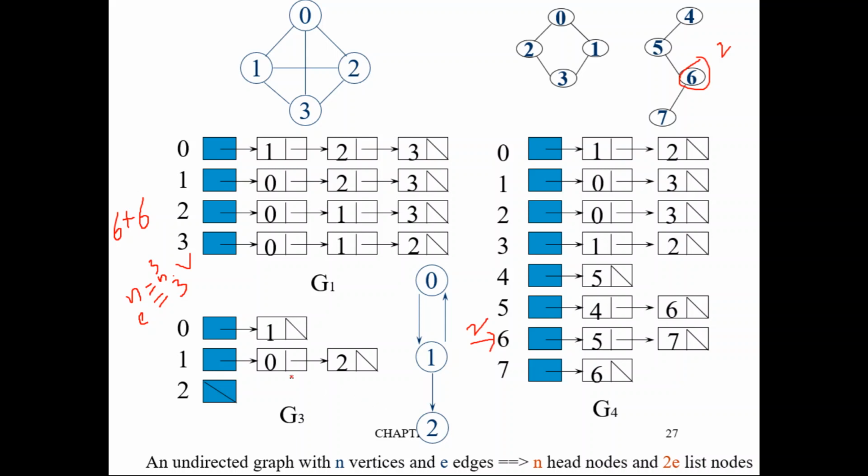How is that 6 comparisons? First you have to compare for every vertex. For all n vertices you have to compare, and in each vertex, how many times you compare depends on the number of nodes. This vertex contains one node, so for vertex 0 you perform one comparison.